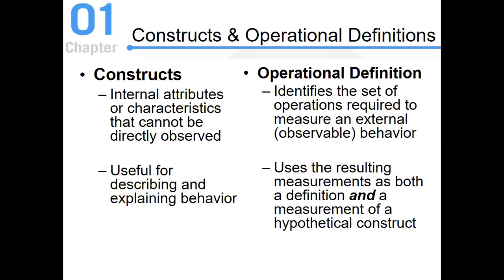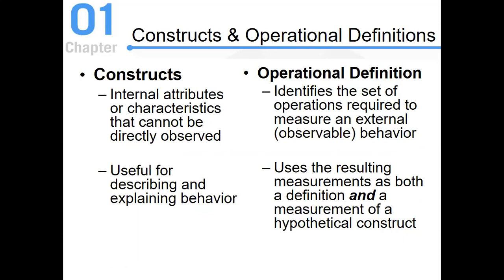So I might be interested in aggression as a construct. Now, there's all different kinds of aggression. There's verbal aggression, there's physical aggression, there's passive aggressive behavior. It can get very complicated. But perhaps in my study on 3rd graders, I'm going to measure aggression by the number of physical kicks, punches, and hits that we see on a playground over a 30-minute period.